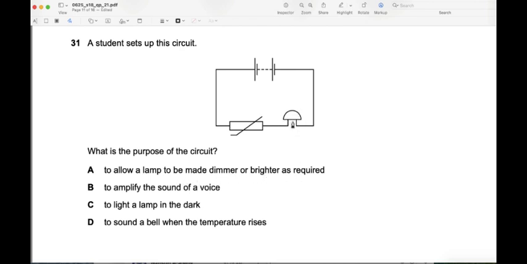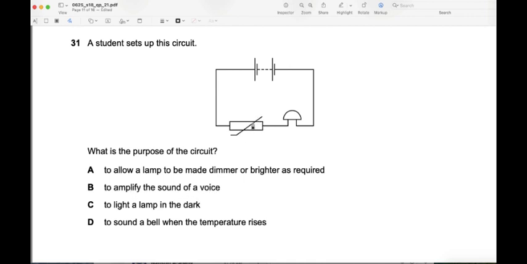No. This is a buzzer. This is not for light. A buzzer is for sound. B, to amplify the sound of the voice. But there is a thermistor. So is it to amplify the sound where there is a thermistor?